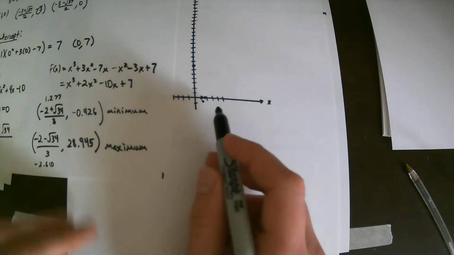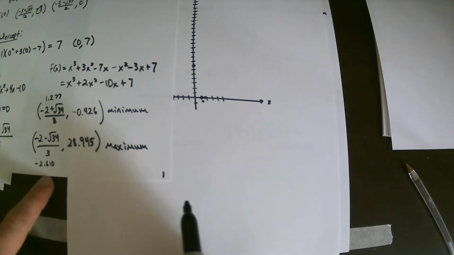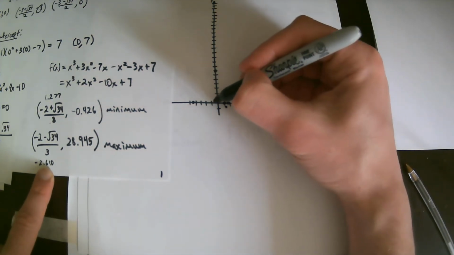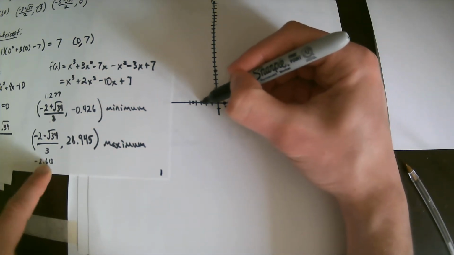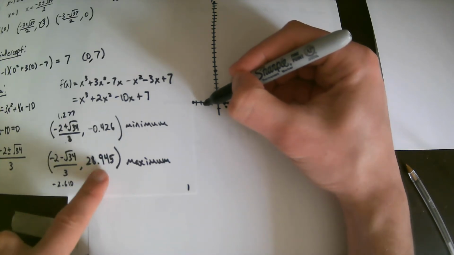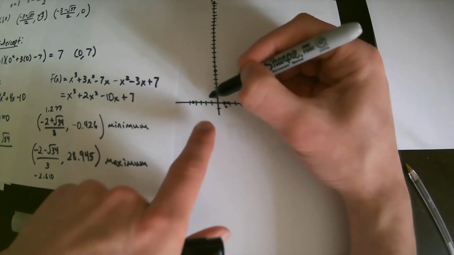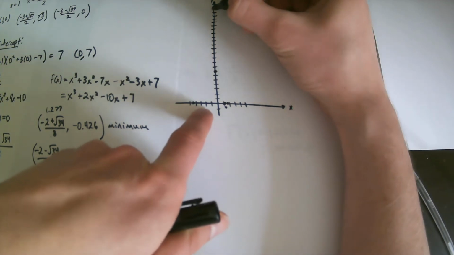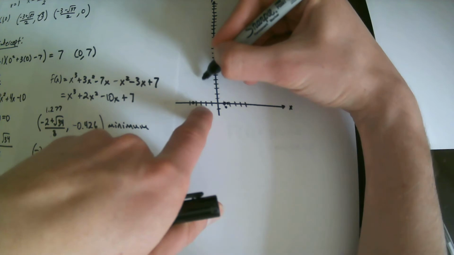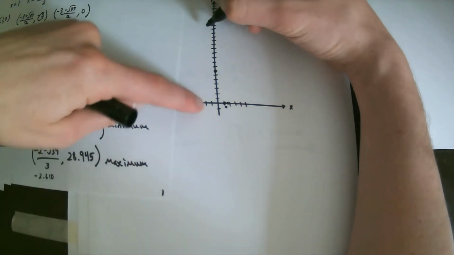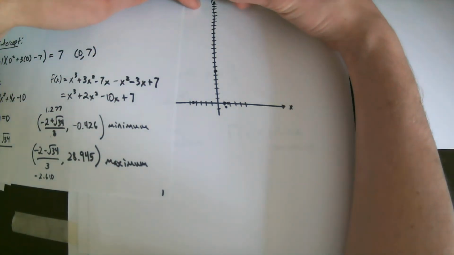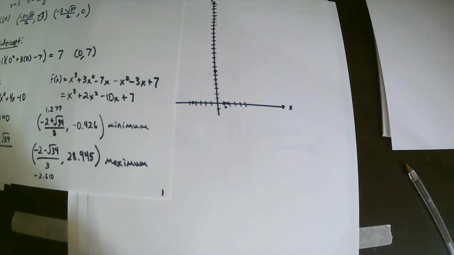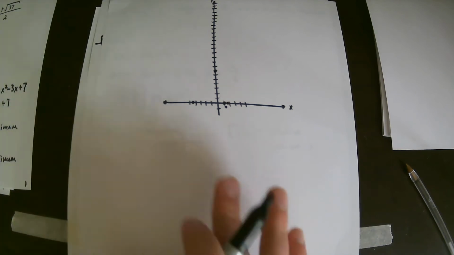That's my minimum, and then my maximum at x value of -2.6, which is going to be, here's -1, -2, so somewhere right in here, and all the way up at almost 29, which I think my graph went up to 27 or 28, so I need to go a little bit beyond. So all the way up there somewhere. That's roughly it. And then I had a point of inflection.